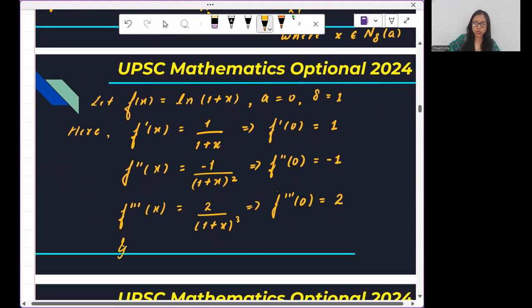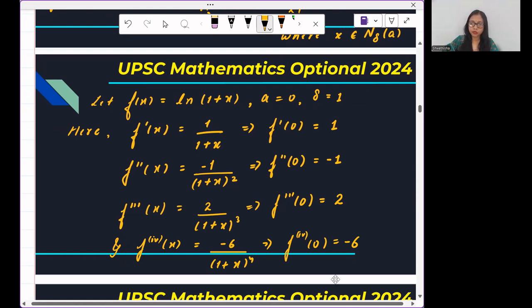And the fourth derivative is minus 6 divided by 1 plus x raised to power 4, which implies the fourth derivative at 0 is minus 6. All right.